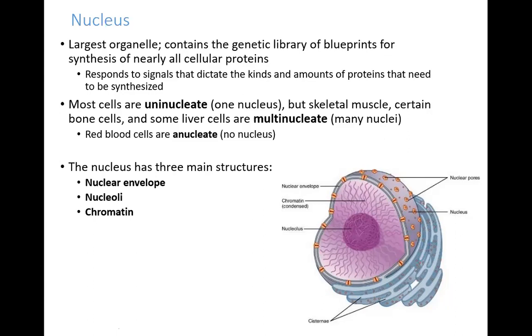And chromatin consists of the DNA and a protein that the DNA is wrapped around. So here you see, here's our nucleus, there's the nuclear membrane, there is the nucleolus or nucleoli where the RNA is assembled, and these little squiggly purple things are the chromatin. That's the DNA wrapped around a protein.